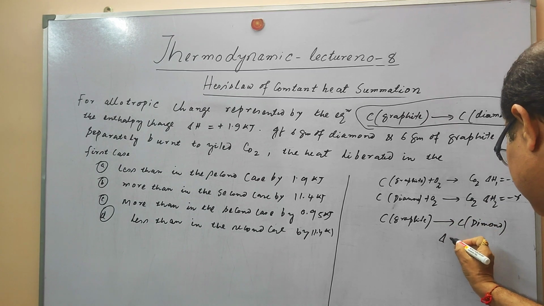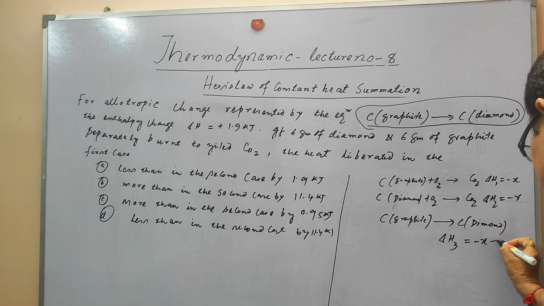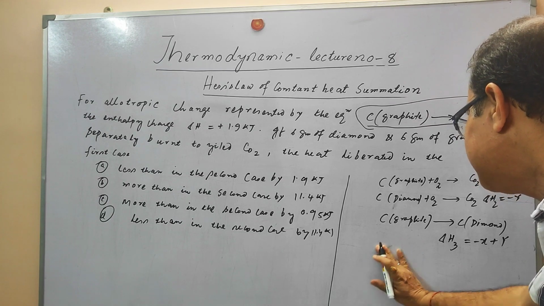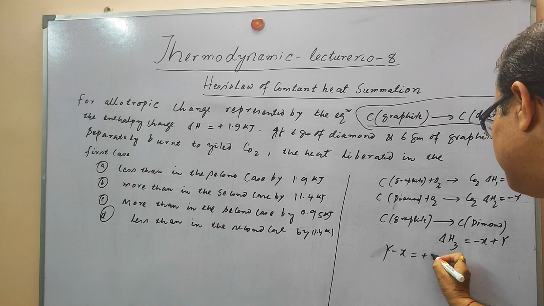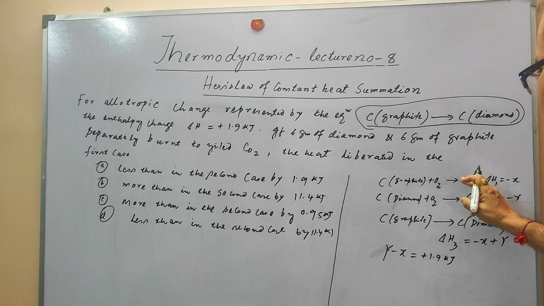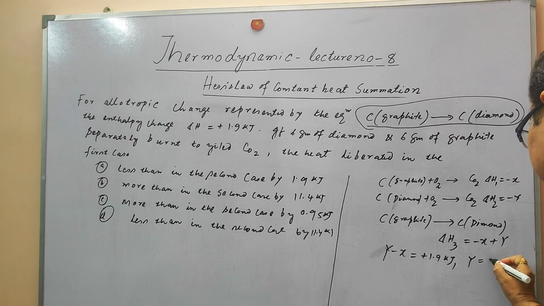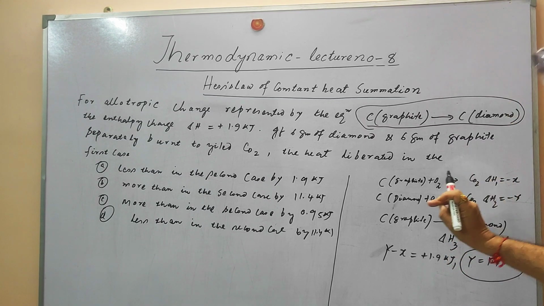So the enthalpy of reaction, suppose this is H3, will be minus X plus Y. And it has been given that Y minus X is 1.9 kilojoule. Means the enthalpy of combustion for diamond will be more, 1.9 plus X, more by 1.9 kilojoule per mole as compared to graphite.